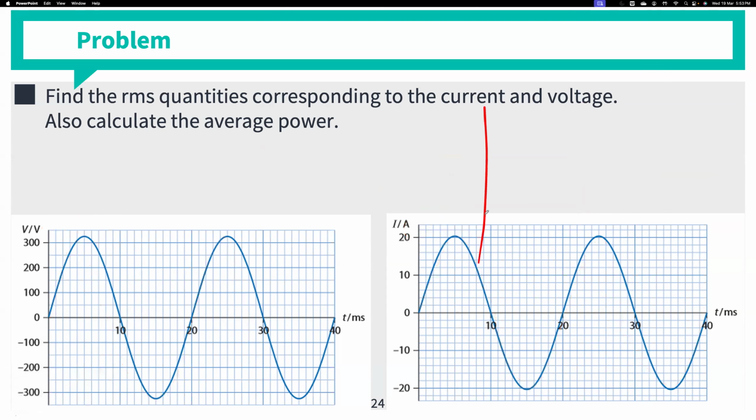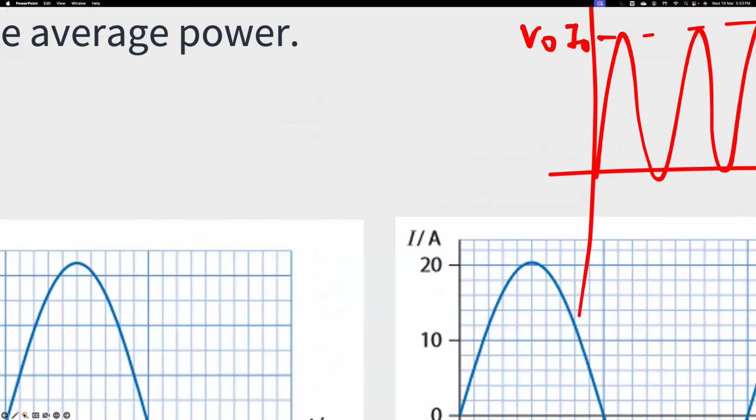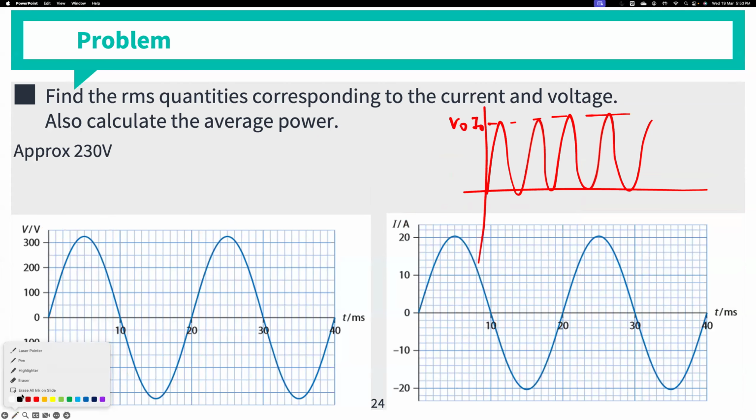It is going to be a pure positive graph like this, with a peak value of how much? V naught into I naught, because product of both. So when I'm asking you what is average, obviously the average stands for the mean. Isn't that half of V naught into I naught? So the peak power is V naught into I naught, whereas average power is V naught into I naught by 2.